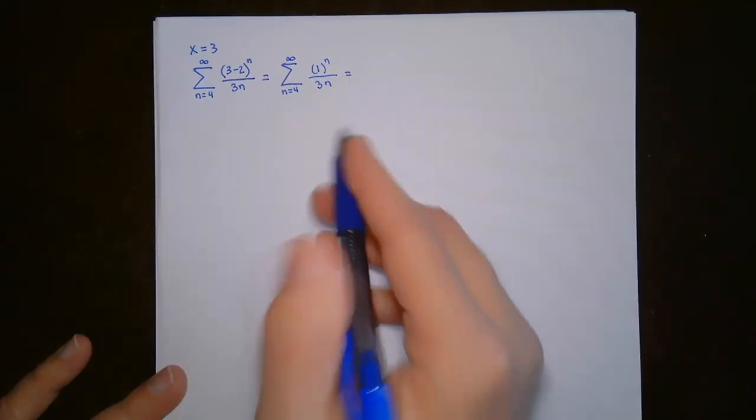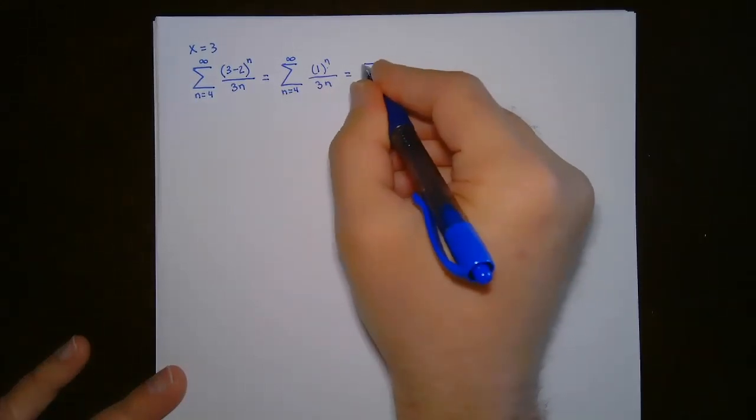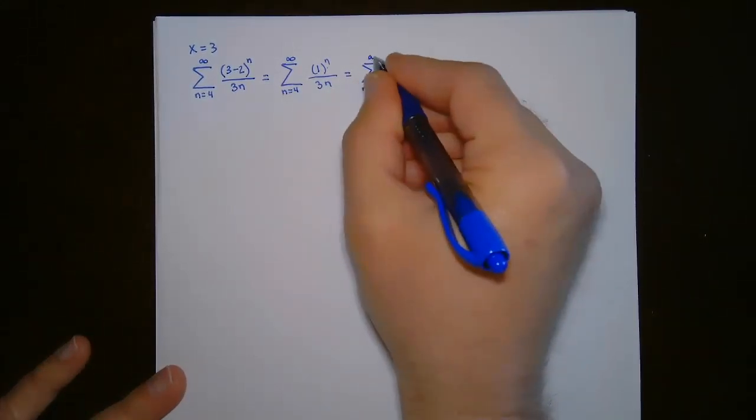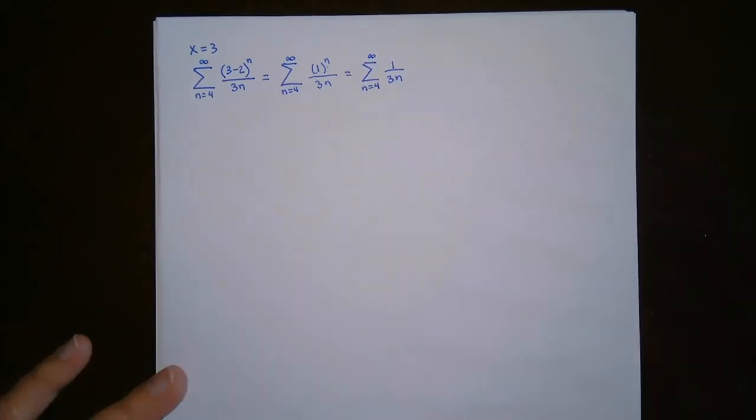Okay. And then, okay, if this is 1 to the n, well, 1 to the n is always going to be 1. So this is sigma n equals 4 to infinity of 1 over 3n, right? Okay.